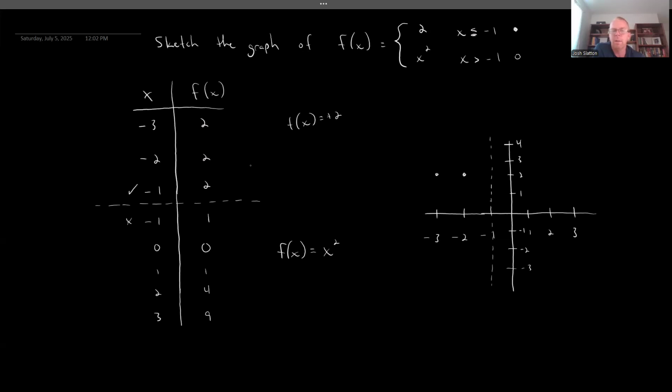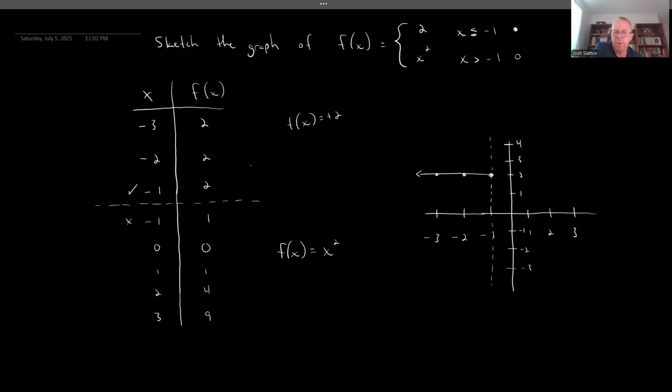Since it's included here, we will put the closed circle. And so now we can connect this, and it's going to continue to go in that direction. Just a horizontal line through y equals 2, and that gives us the left piece of this function.